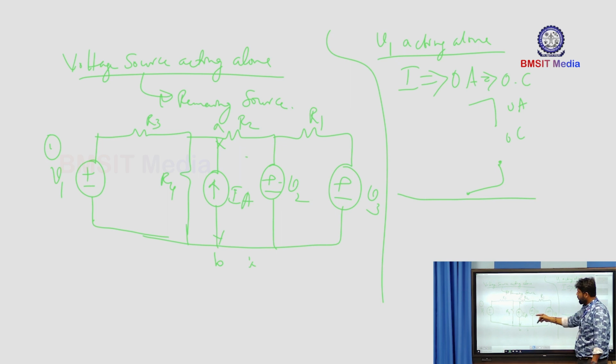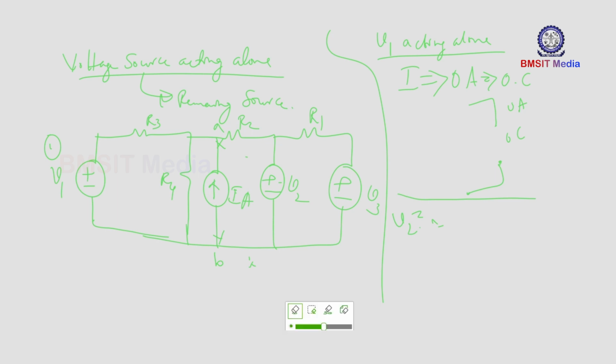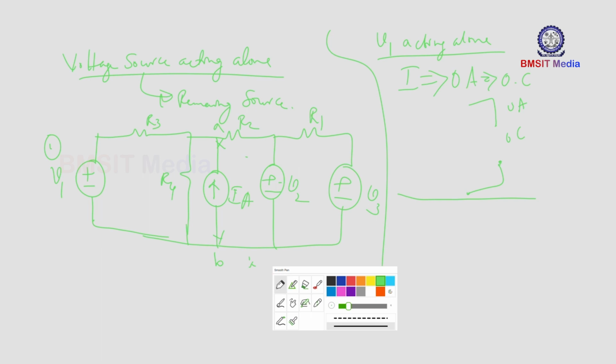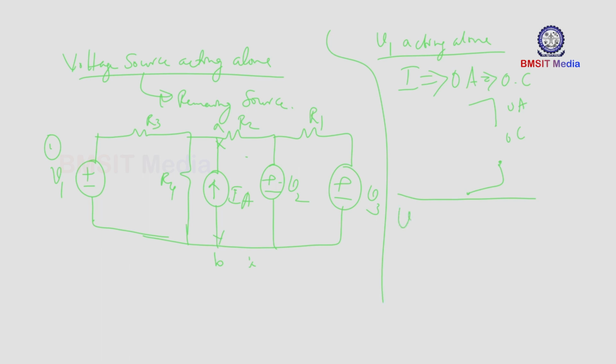Similarly, if I want to make the other two voltage sources, V2 and V3, 0, V2 and V3 to 0 means you should make it a short circuit. V2 and V3 equal to 0 volt means make it a short circuit.